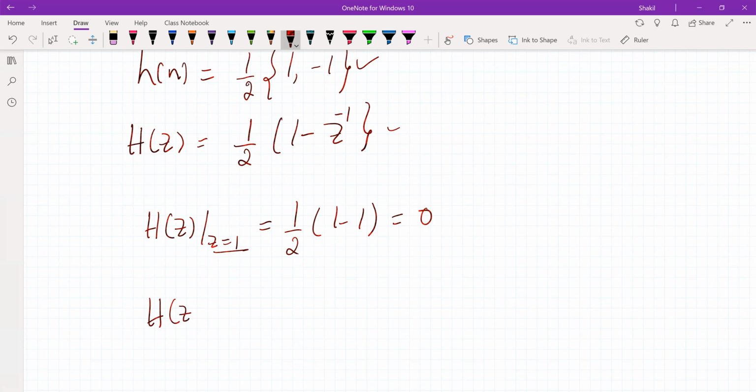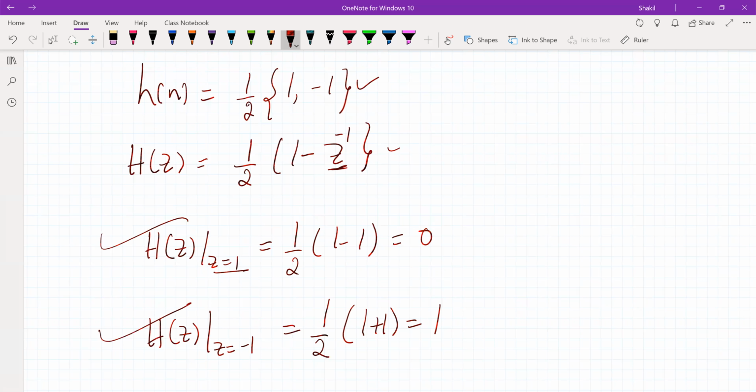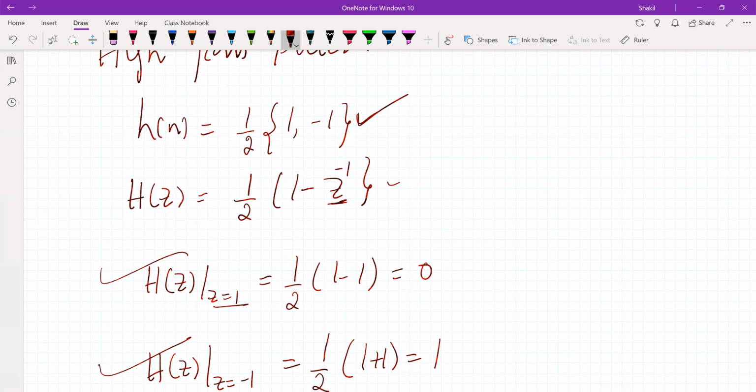In the same way, when z is equal to minus 1, this is equal to 1 by 2 times 1 plus 1, that's 2 by 2, which is equal to 1. So now you can see this is allowing the high frequencies to pass but rejecting the low frequencies. So you can say this is indeed a high pass filter.